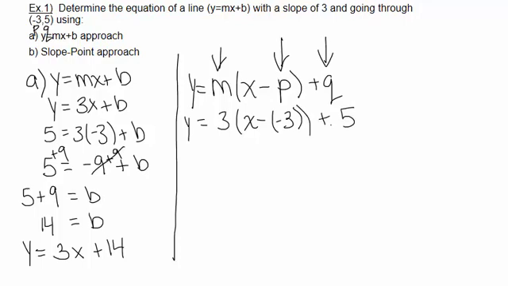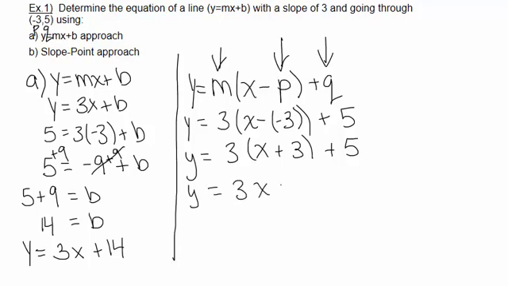Now let's simplify this a bit. So we can do y equals 3 bracket x plus 3 plus 5. And now to get this into y equals mx plus b form, let's distribute 3 inside the bracket. So y equals 3x plus 9 plus 5. And we're left with y equals 3x plus 14.